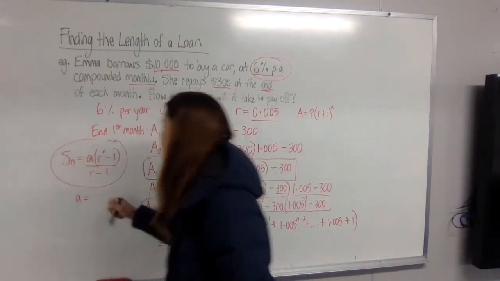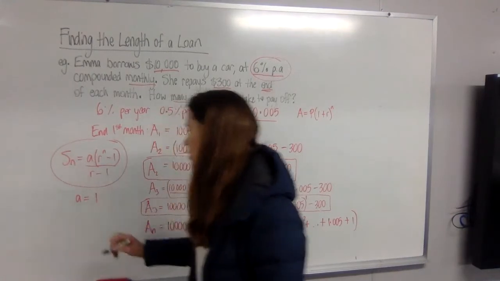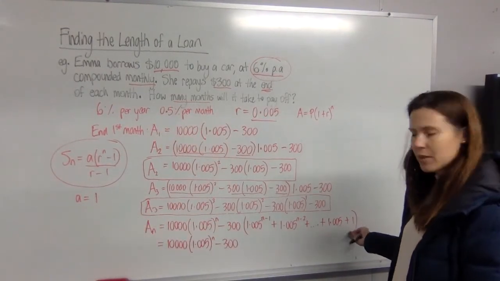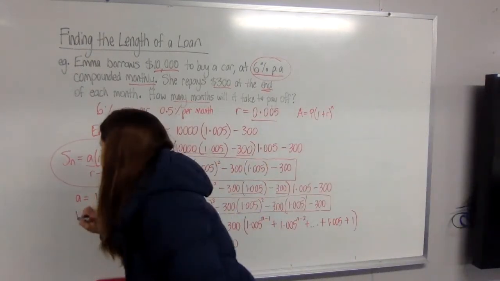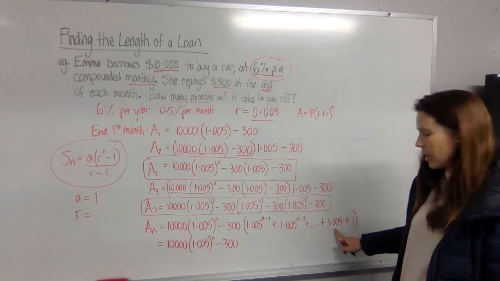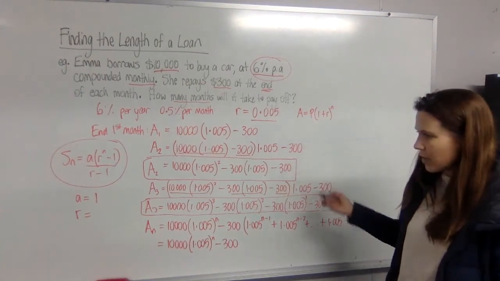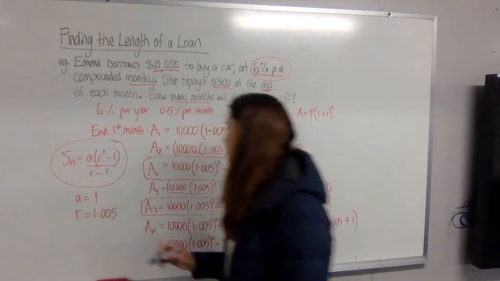Because the first term is a. I'm going to say the first term is actually 1 because I'm reading it as being the end one, and I'm saying that's the first, second, third, etc. All right, what's the rate? How do we get from one term to the next? Well, each term is 1.005 bigger than the last one. We have to multiply by that.